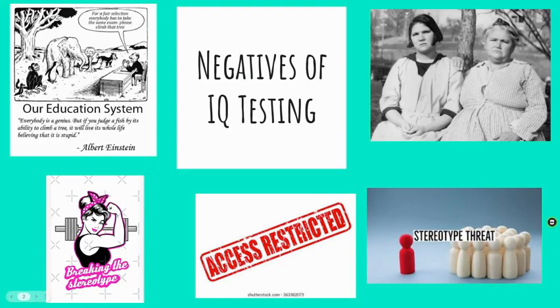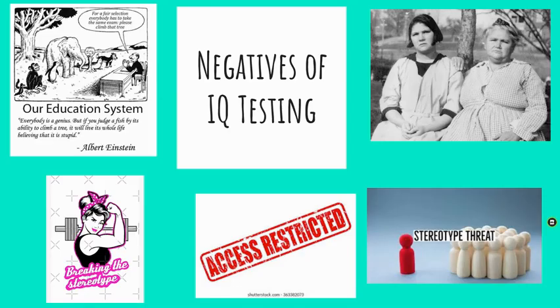When we look at IQ testing throughout the years since its inception, IQ tests were not always used in the best of ways, especially when we look at the use of it in the United States. Early on in its introduction, it was used to decide whether or not certain people would get jobs or not.